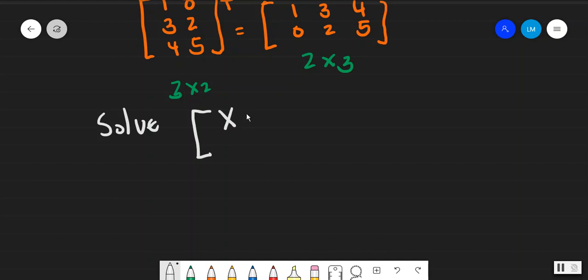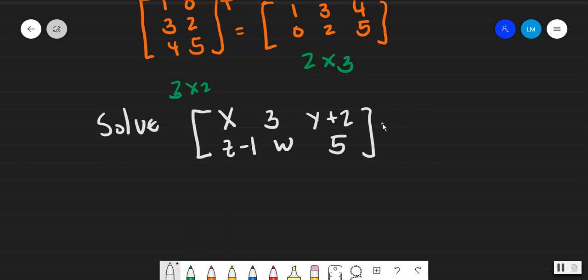You have x, 3, y plus 2, and then z minus 1, w, and 5.